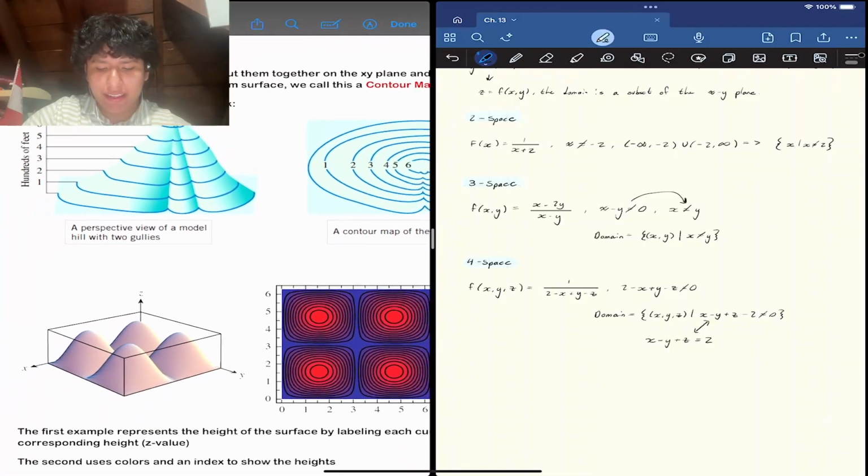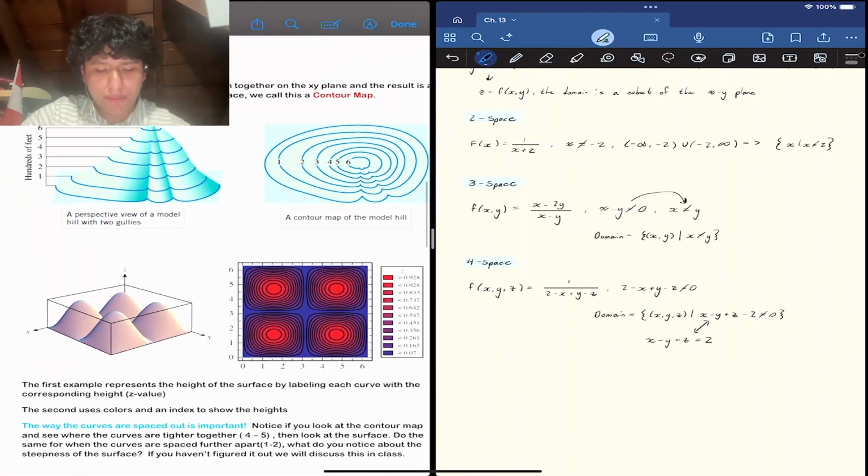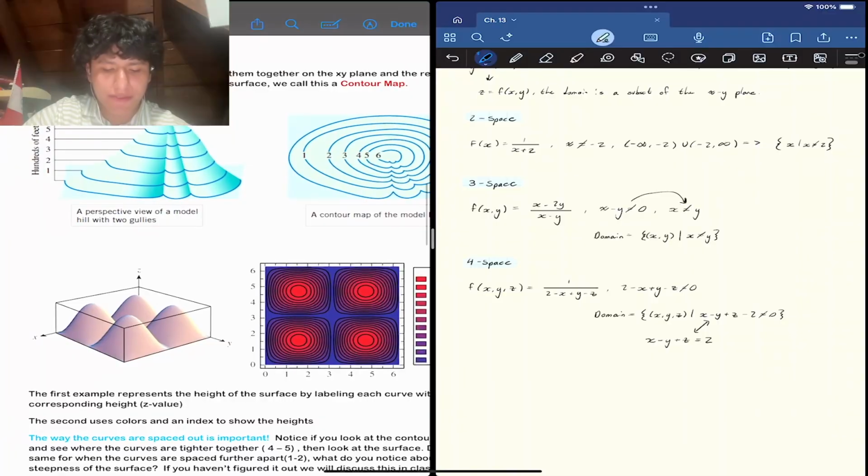Okay, so looking at 1 to 2 compared to 4 to 5, 4 to 5 is obviously steeper. So duh. I'm guessing that's what they want us to see. Given the curves are tighter together, it would insinuate that it's steeper, which makes sense. Yeah, that makes sense.